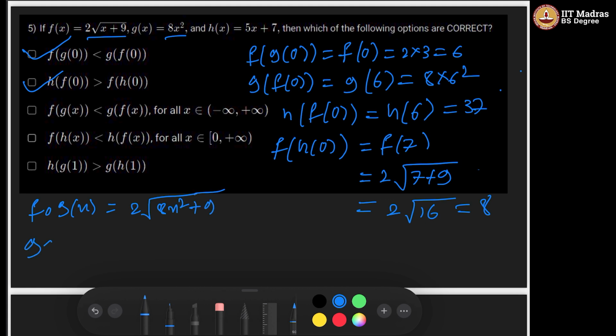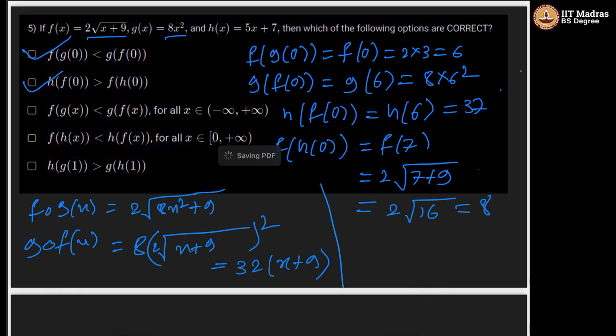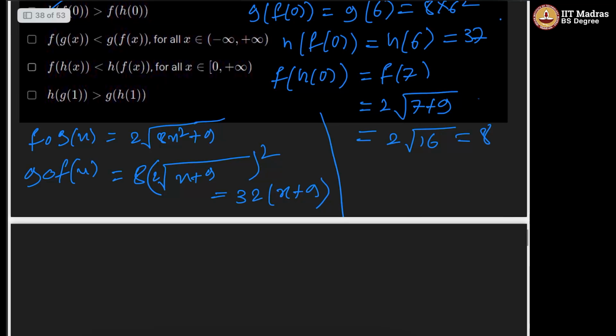And g compose f of x is 8 into 2 x plus 9 square, that means 32 into x plus 9.